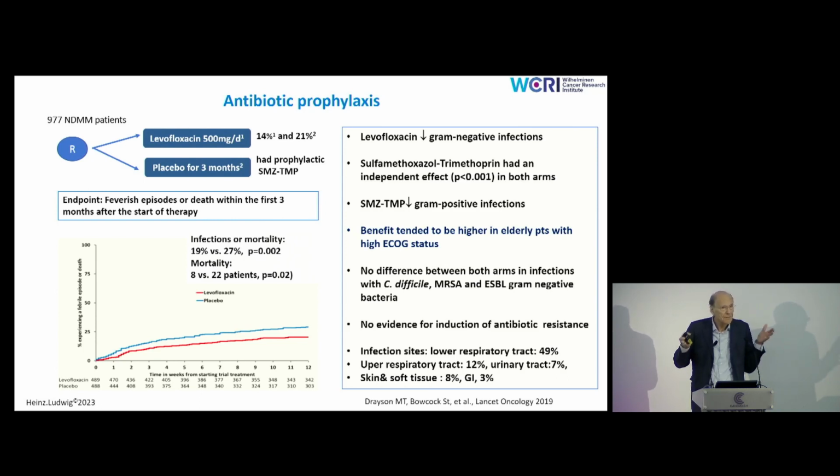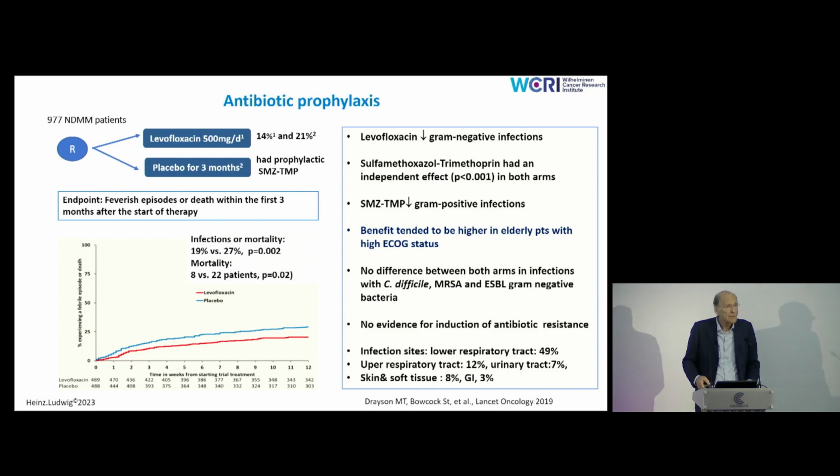So this is the patient group we should focus on. There was no difference between both arms in infections with these pathogens. And there was no evidence, and that is, I think, remarkable, for induction of antibiotic resistance. And these are the sites of infection.